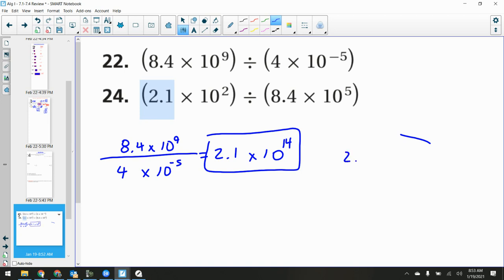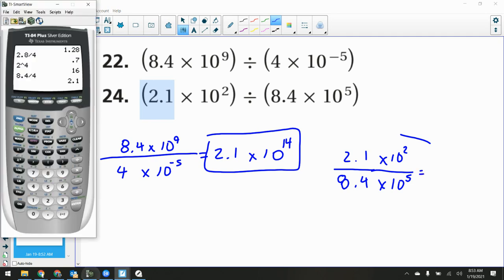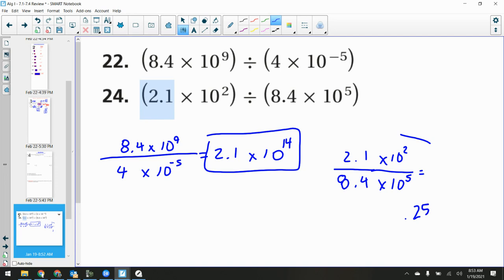Number 24, we got 2.1 times 10 to the 2nd, and then 8.4 times 10 to the 5th. All right, well, that gives me 2.1 over 8.4. That gives me 0.25. And then 2 minus 5 would give me a -3.